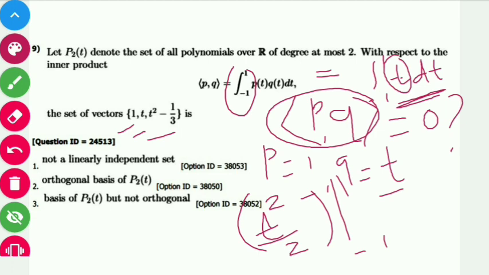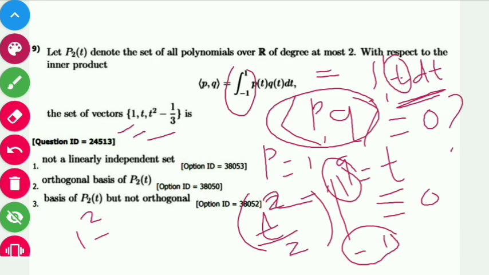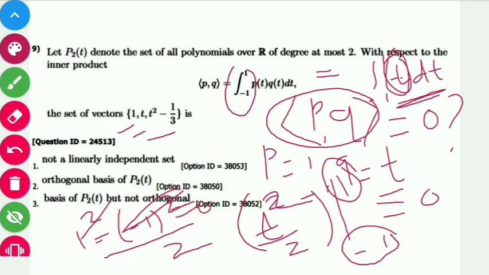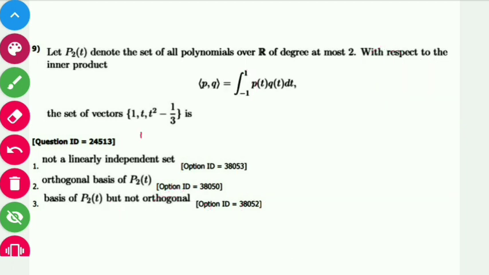So when we put in the limits, it is 1 square by 2 minus 1 square by 2, but this is the same as 1, so 1 minus 1 is 0. So whenever we have an odd degree function here, this integral is 0. So when we take 1 and t, we get this inner product to be 0.